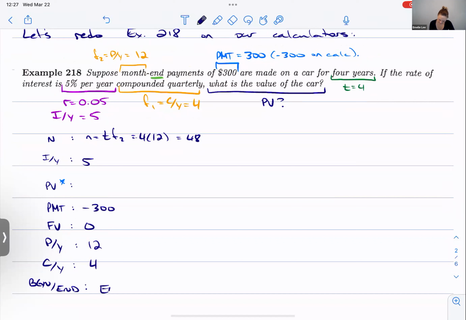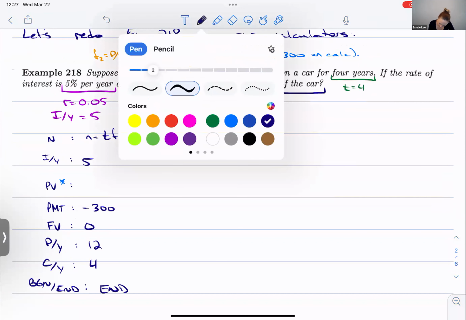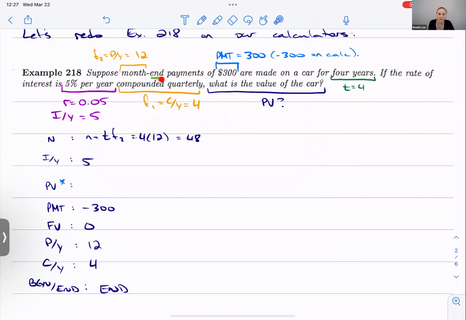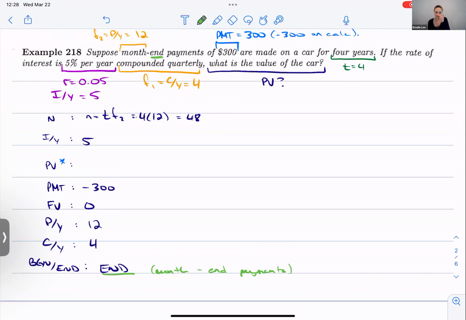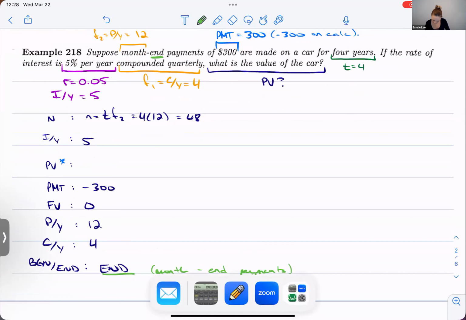And the mode, the only one that we've used so far is the end, because here we have month-end payments.